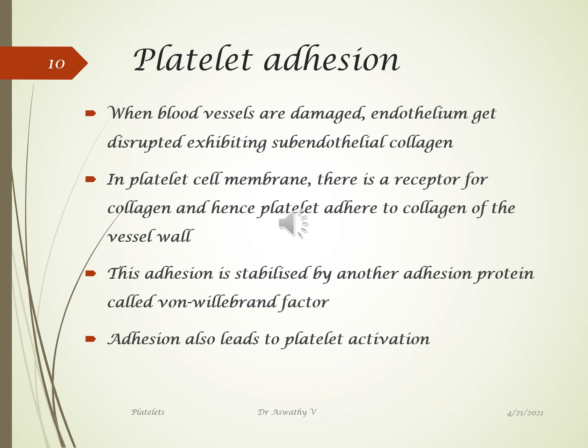But when the platelets get exposed to a disrupted endothelium... The endothelium is intact all over the circulation, and this intact endothelium is very important in maintaining uniform blood flow and anti-clotting mechanisms like plasminogen activating factor, etc. So when the platelets reach an area where there is a disruption in the endothelium, it will expose the subendothelium.